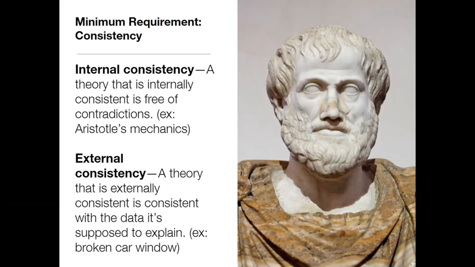What does that mean? Well, that means any explanation or theory shouldn't contradict itself, right? If the theory says that both the sky is blue and the sky is not blue, that's not internally consistent, right? We want theories that don't say one thing and the other thing, that don't fit with itself.